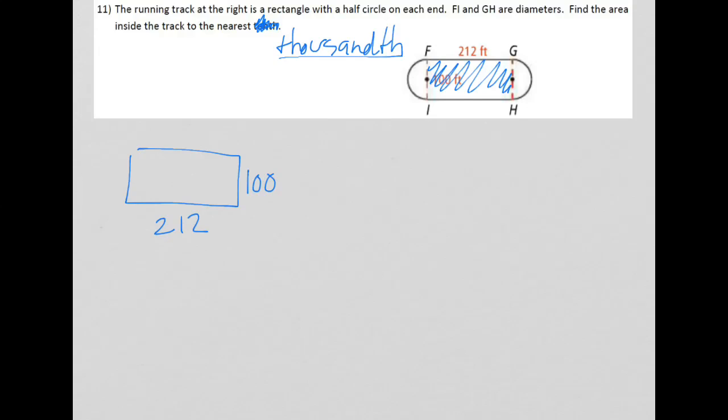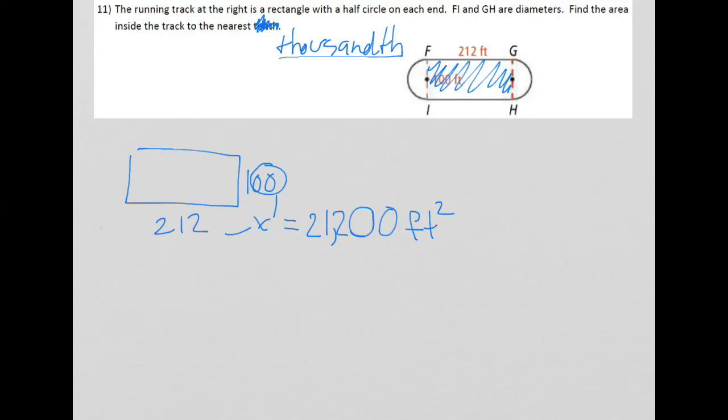So when we multiply those two together, we are going to get 2, 1, 2, and we're going to steal two of those zeros. So we're going to get 21,200, and our units are square feet. Feet squared, wherever you want to say it. You should say square feet, though.